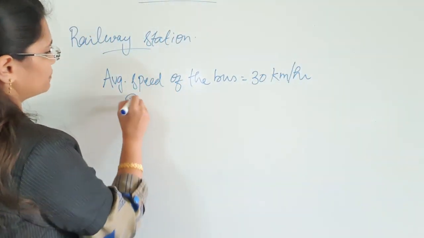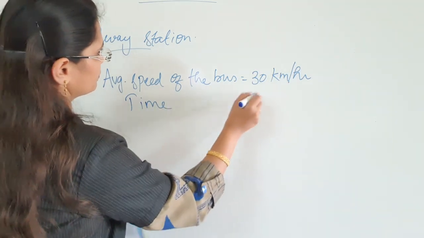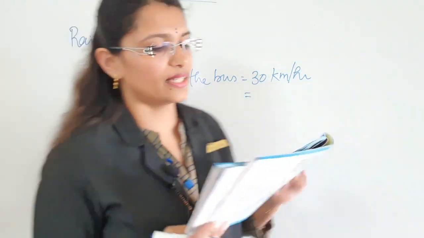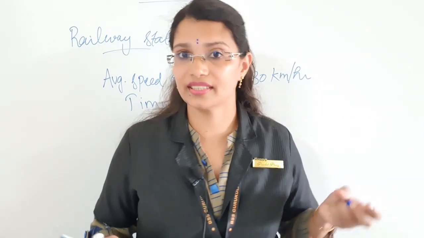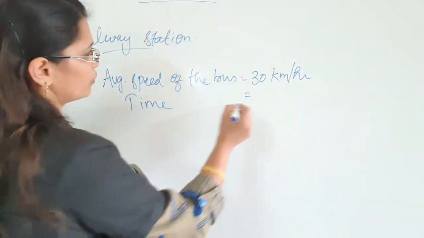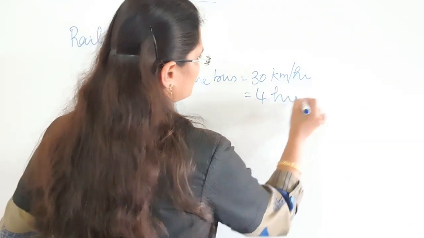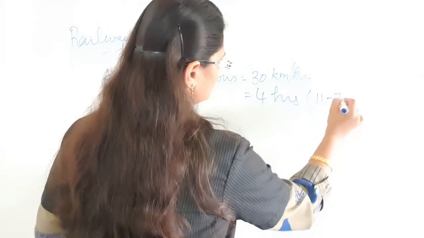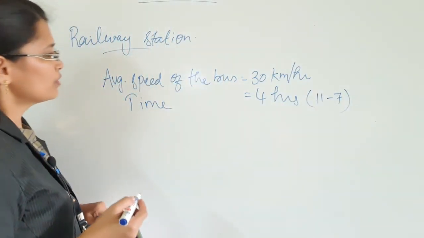What is the time? Started at 7 in the morning and reached 11. So, after 7, 8, 9, 10, 11. Time is equal to 4 hours. 11 minus 7 is equal to 4 hours.